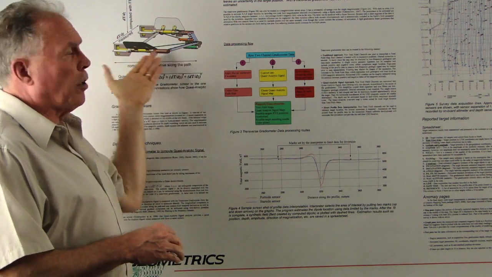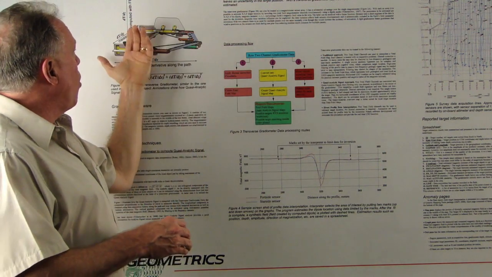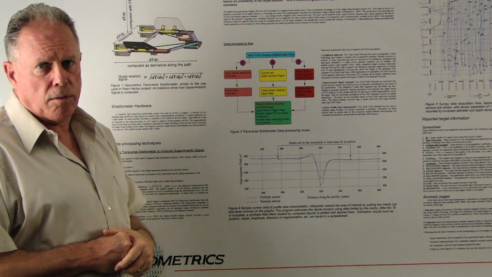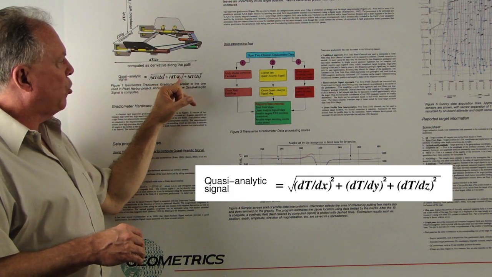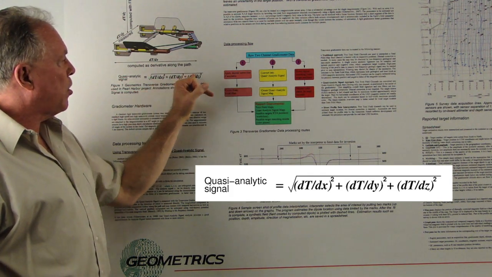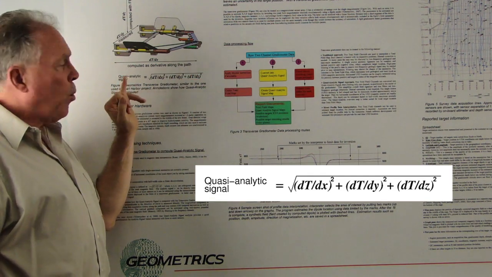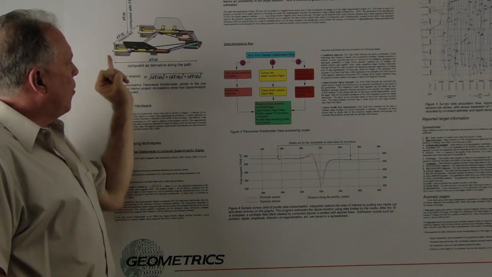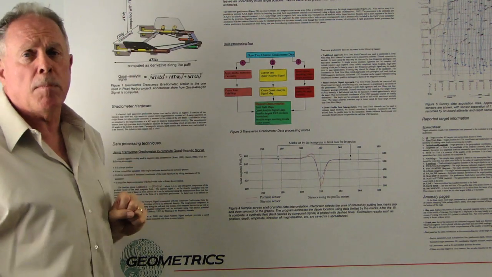Having the transverse and the longitudinal gradient and using a fast Fourier transform, we compute the vertical gradient. Having the transverse gradient, the longitudinal gradient, and the vertical gradient, we take the sum of the squares and take the square root of that to get the analytic signal. We call this quasi-analytic signal. Normal analytic signal computations would have the vertical gradient measured.